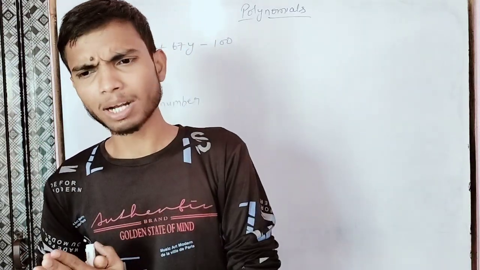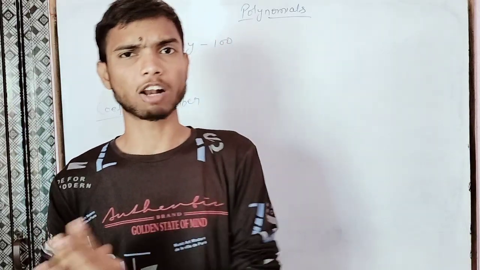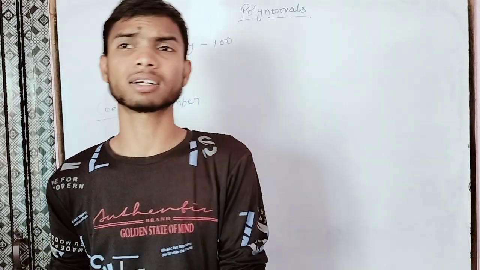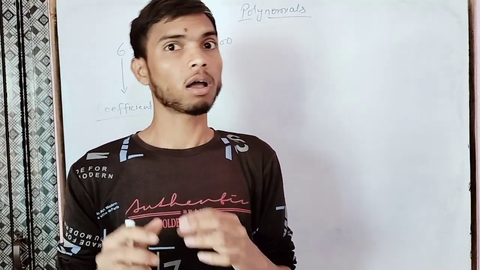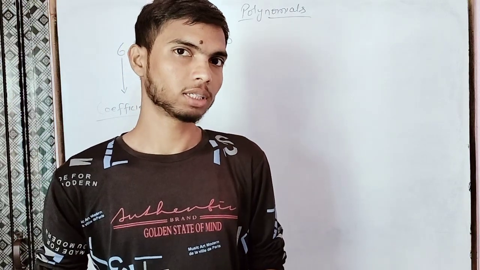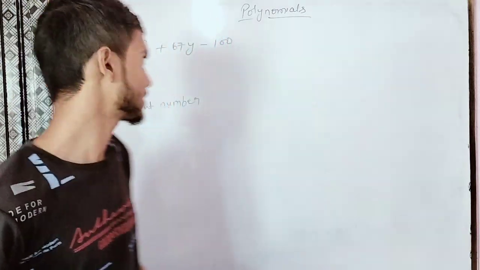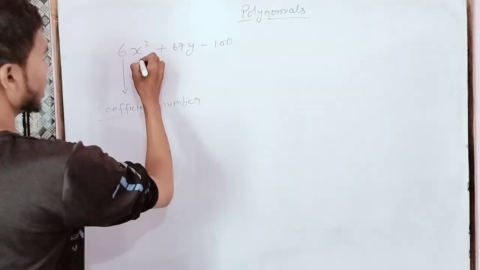In mathematics we use letters, alphabets, so instead of saying letters or alphabets, we say variable. So x is a variable.